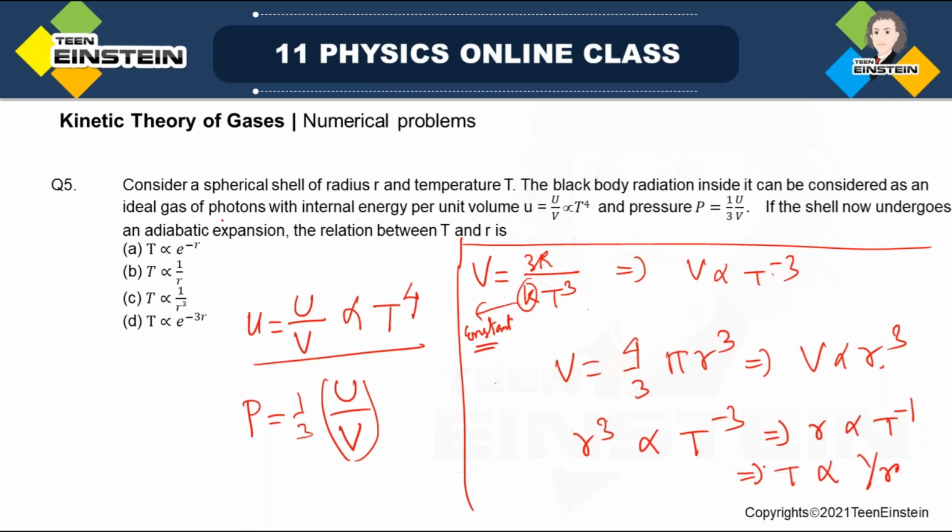So this answer is the correct answer for this case.